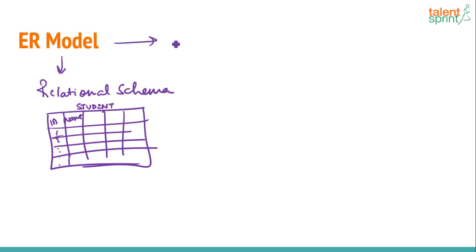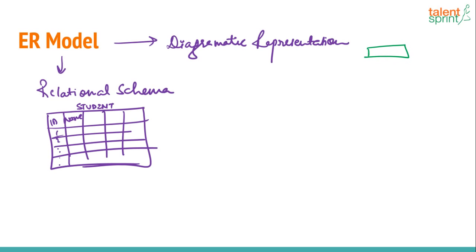Now ER model is what? ER model is a diagrammatic representation. So before you start creating your database, you do a diagrammatic representation to make sure that everything is happening correctly. So in this diagrammatic representation, you have all these boxes to represent a few things.